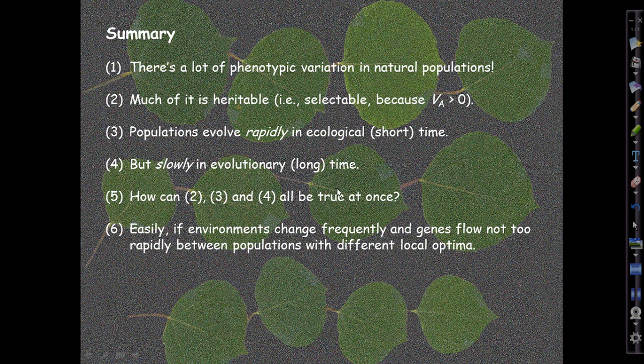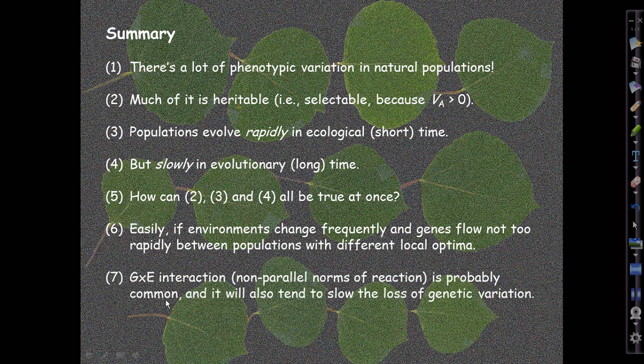And so they'll be able to respond because the evolution, the allele frequency change, won't be swamped by incoming gene flow. G by E interaction, that is to say non-parallel norms of reaction, is probably very common. Every time people have looked for it, they've found it.